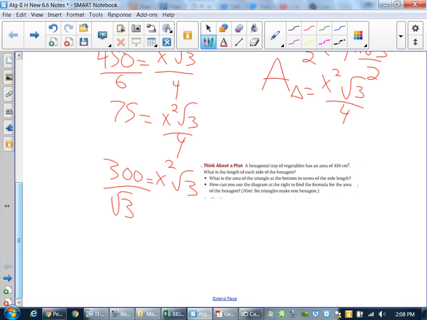Divide by root 3. Rationalize. We get 300 root 3 over 3, which simplifies to 100 root 3. And then you take the square root of that. Just kind of ugly. I think it asks for a decimal, didn't it?